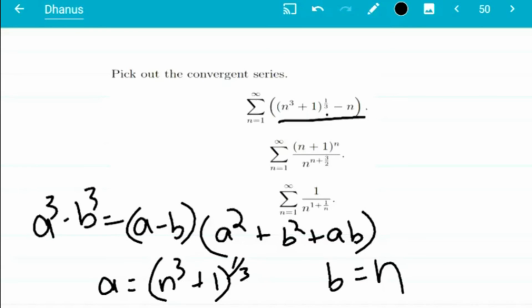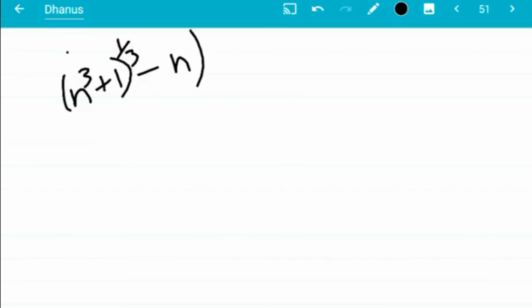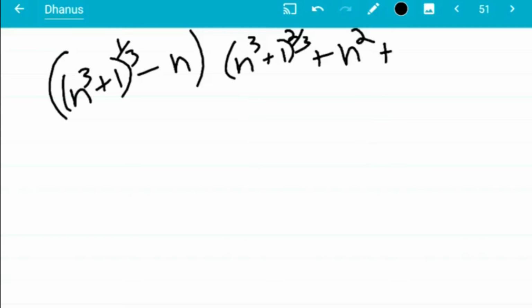We will get n cube plus 1 all raised to 1 by 3 minus n into n cube plus 1 all raised to 1 by 3 square, that will be all raised to 2 by 3, plus n square plus n into this term, n cube plus 1 all raised to 1 by 3, and divide by the same term.